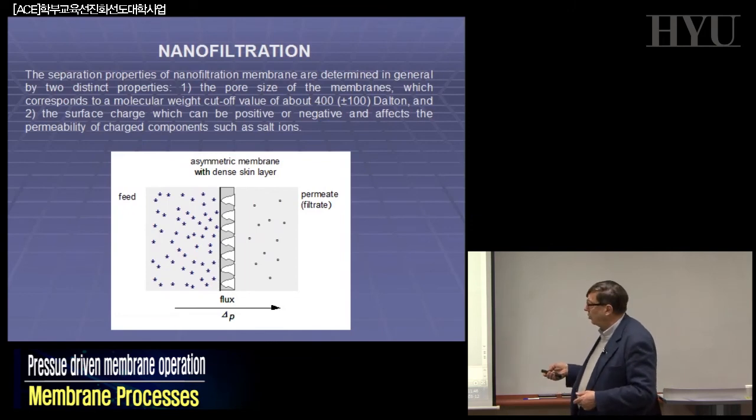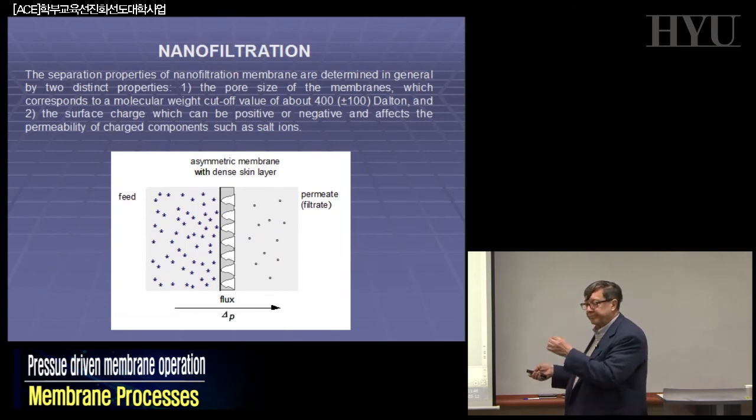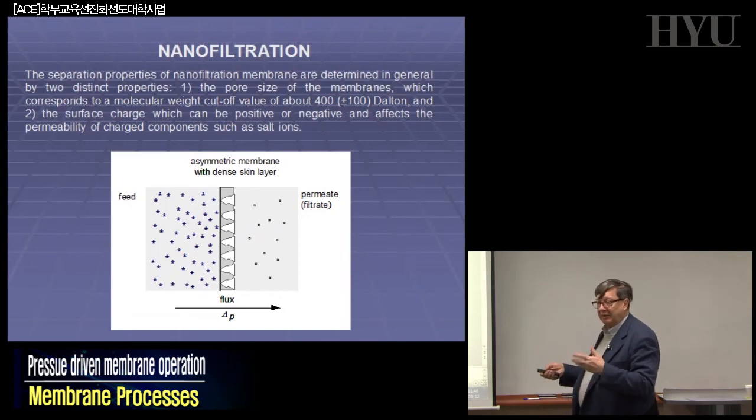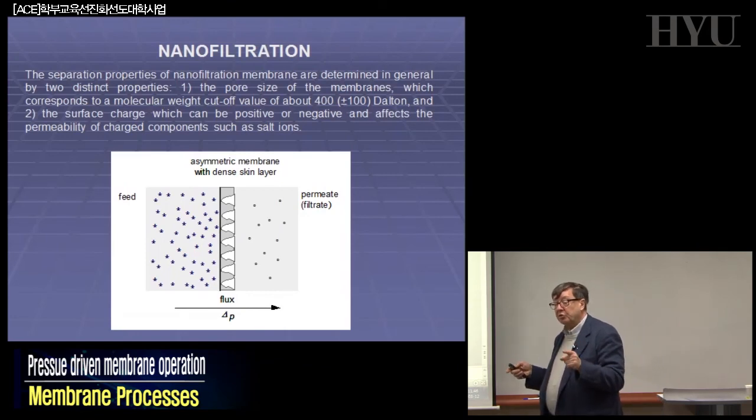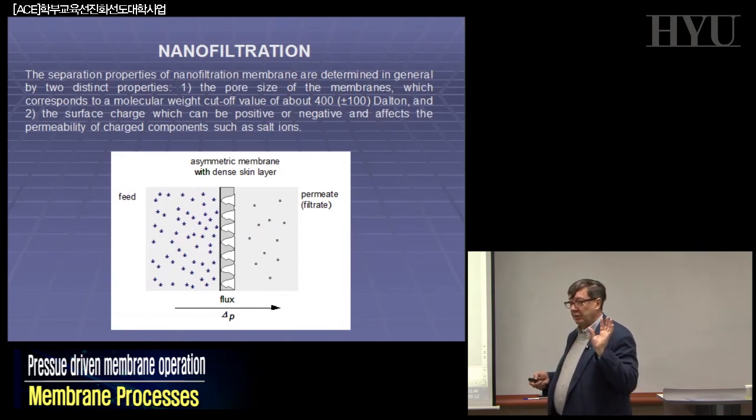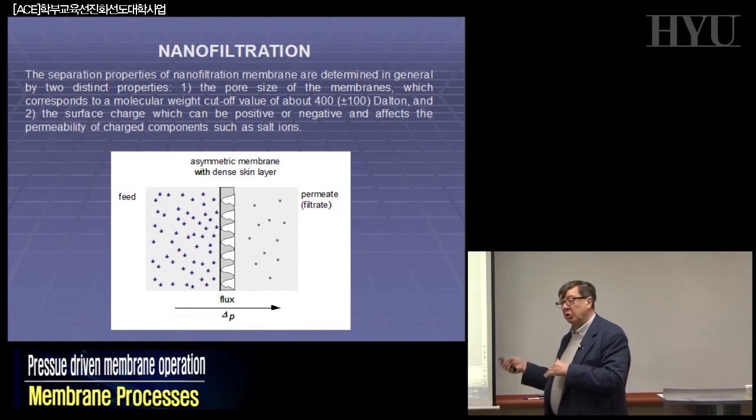Or we can induce some charge on the membrane surface, what we call charge density, a certain number of charges, positive or negative, per square centimeter or per gram of your polymer, depending on how you want to measure. Charge density is becoming very important. If there is a charge, we are introducing one more control on the selectivity, which is called the Donnan exclusion phenomenon.